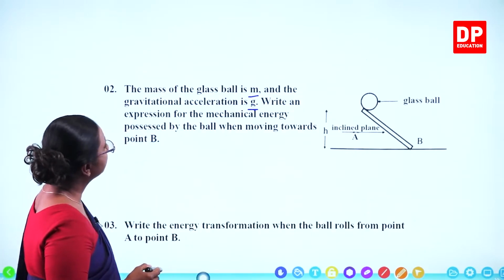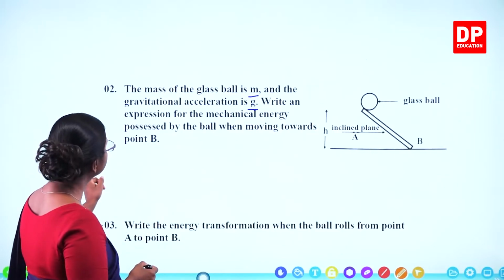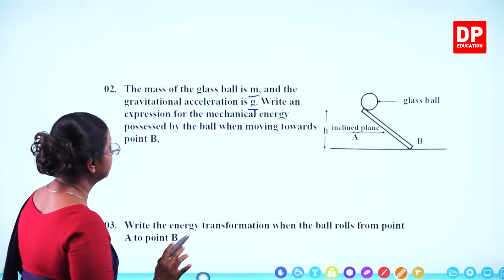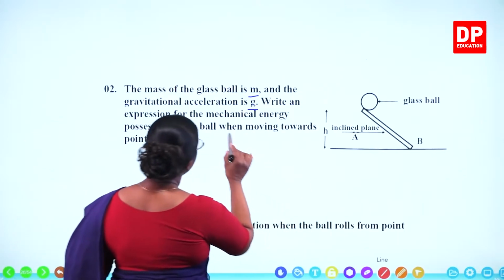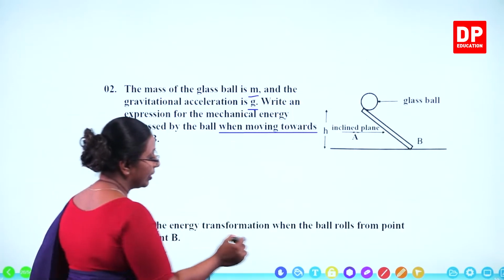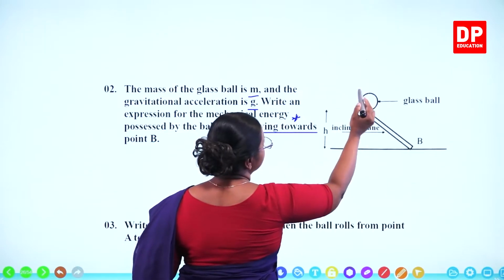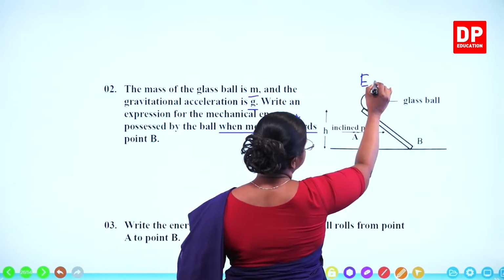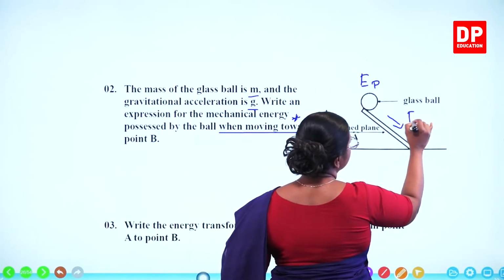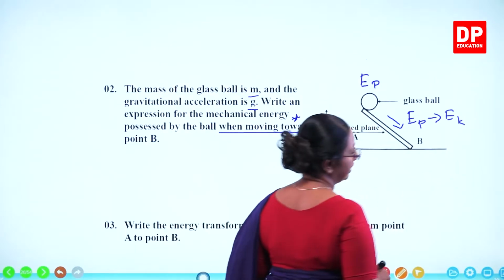Write an expression for the mechanical energy possessed by the ball when moving towards point B. So the mechanical energy possessed by the ball when moving towards point B. That is very important. So when it is moving, initially it is potential energy, and when it is moving, the potential energy will be converted to kinetic energy.